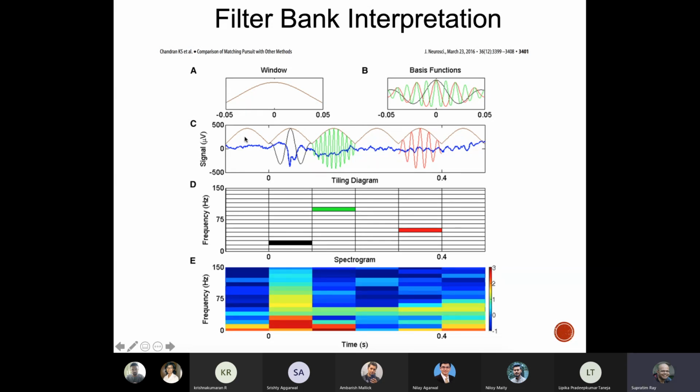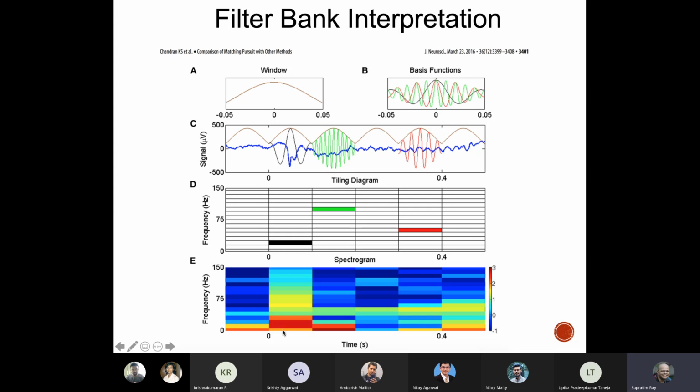So yeah, that's that. Every signal that we see, like this blue trace here, can be thought of as a linear combination of all these basis functions: this black one, the green one, the red one, and so on. So you're essentially now representing the signal in two dimensions: time along the x-axis, frequency along the y-axis.